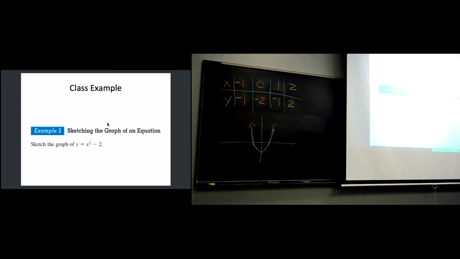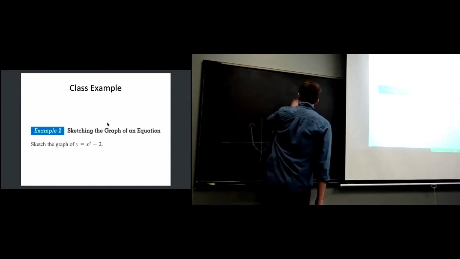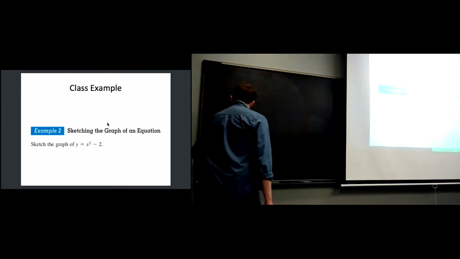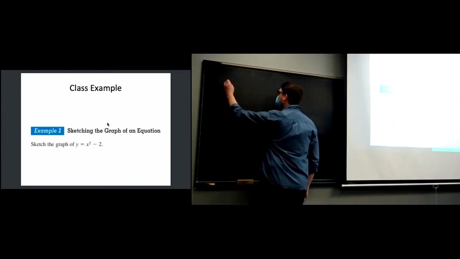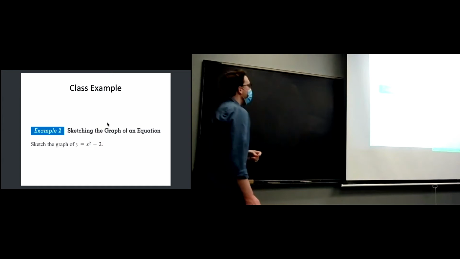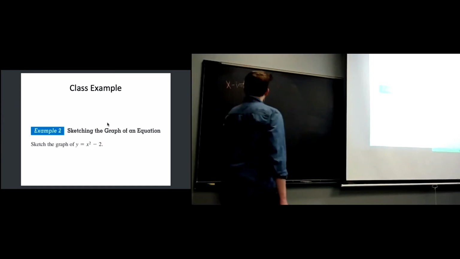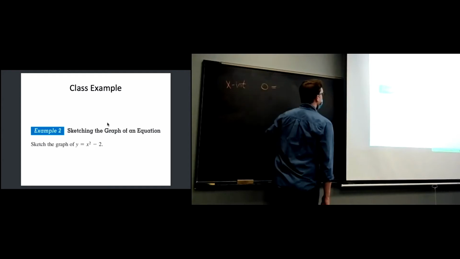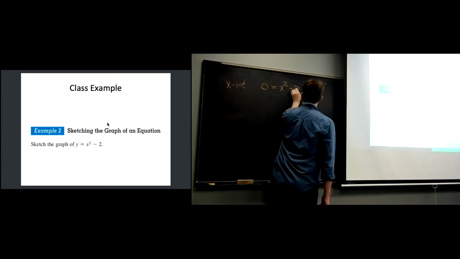we've got x squared minus 2. We're going to find our x-intercept by setting y equal to 0, which tells us that 0 is going to be equal to x squared minus 2.